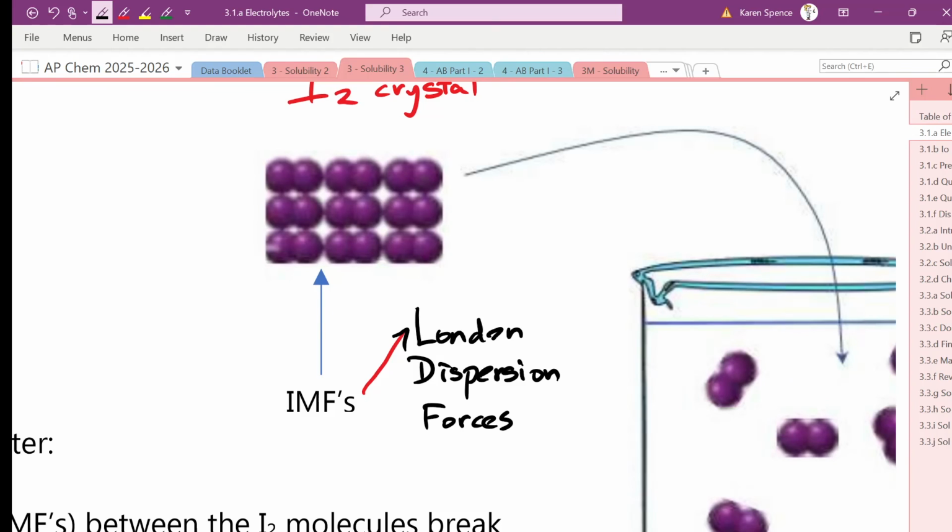One happens first, the other happens second. The temporary dipole is part of the concept of London dispersion forces. Temporary dipoles create London dispersion forces. Yeah, because it's the fact that you end up with charges that they can be attracted.